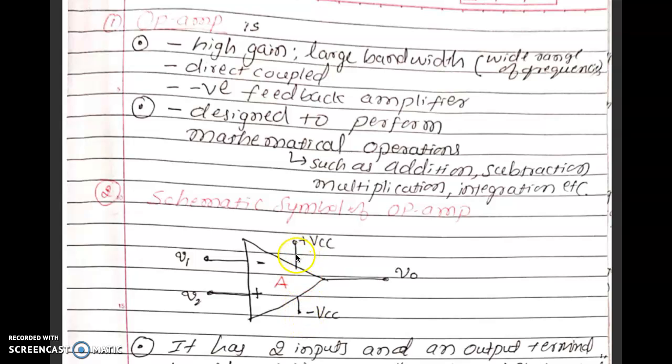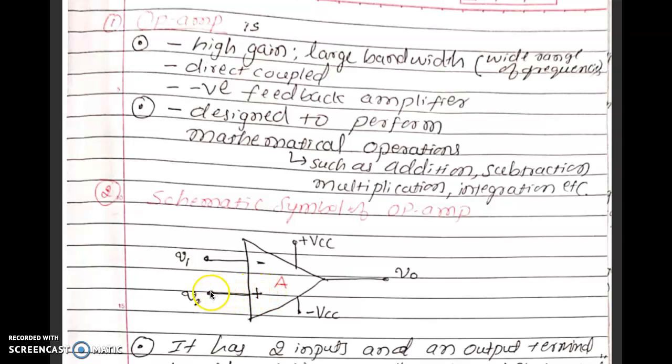Usually the positive power supply is indicated as plus VCC and the negative power supply is represented in some of the books as minus VEE, or sometimes minus VCC also could be represented.